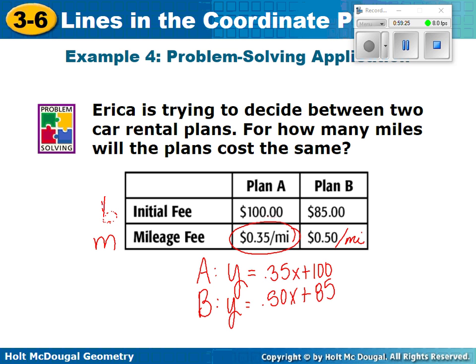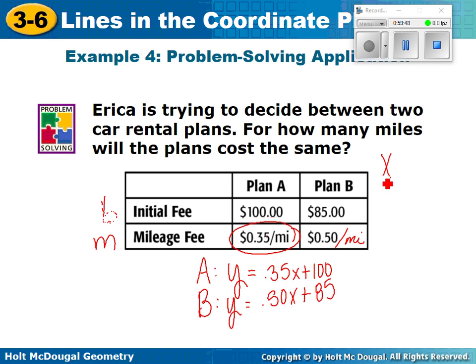Okay, now read the directions again. For how many miles will the plans cost the same? So what in our equation is going to represent the number of miles? Okay, so if this is 35 cents per mile, then we're going to be plugging in for x the number of miles.